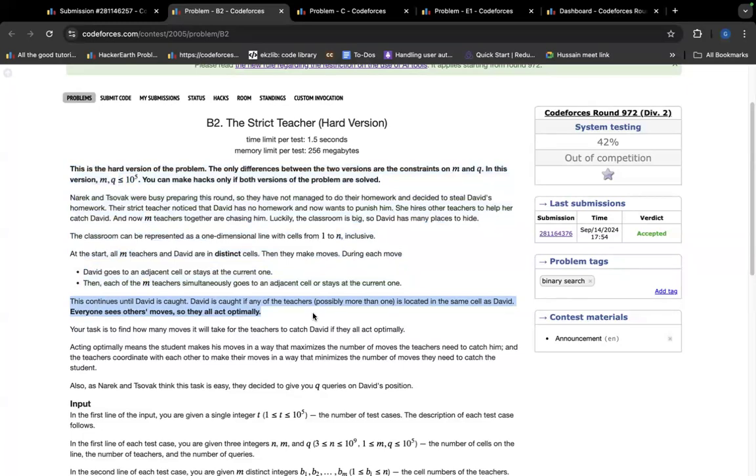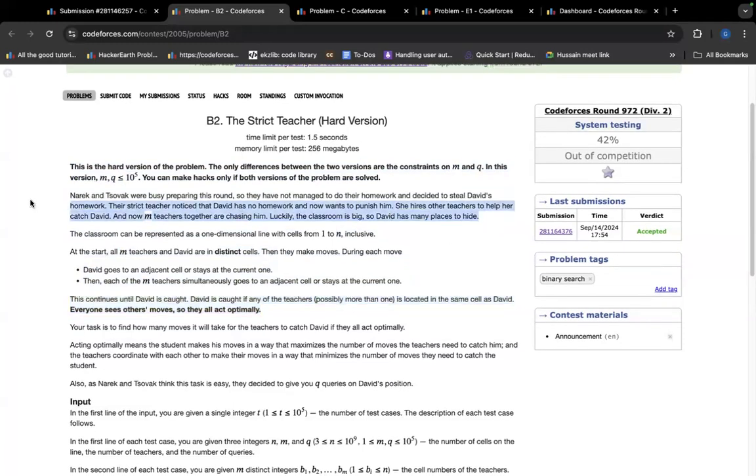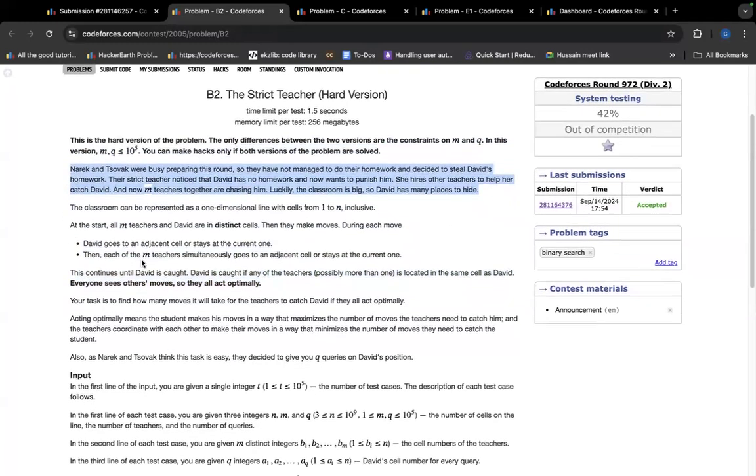The strict teacher, Narek and Soak were busy preparing this round, so they have not managed to do their homework and decided to steal David's homework. Their teacher, Strict, noticed that David has no homework and wants to punish him. She hires other teachers.